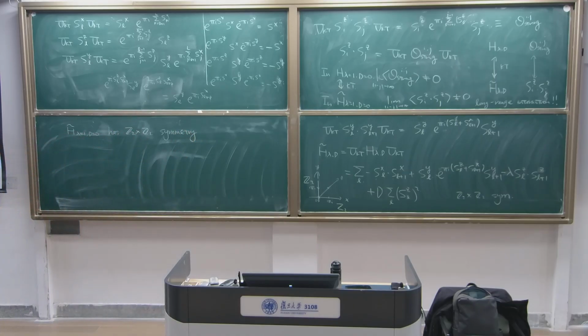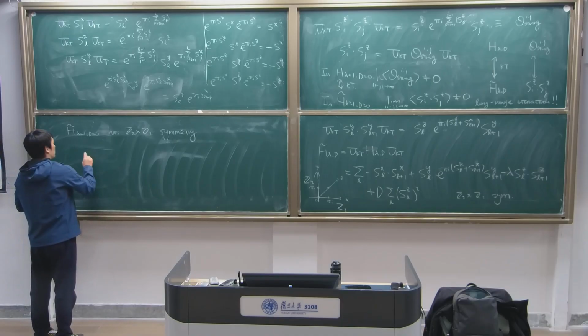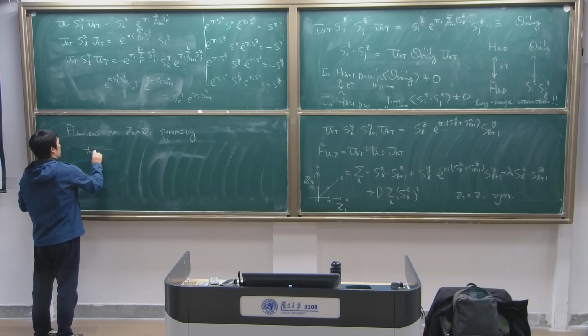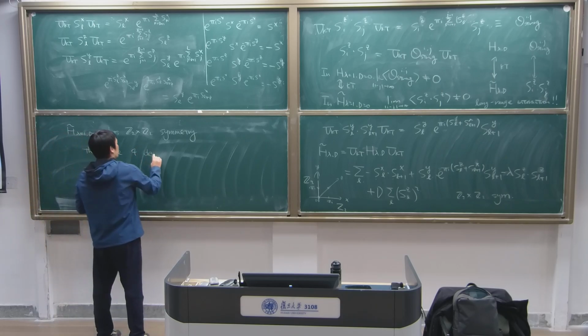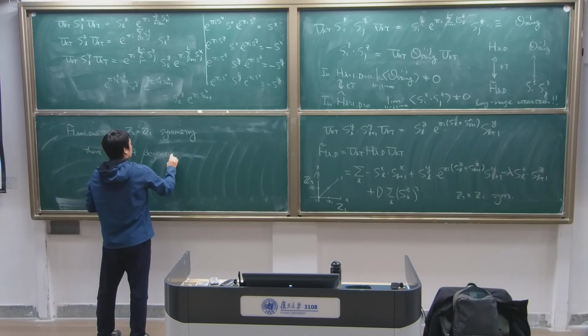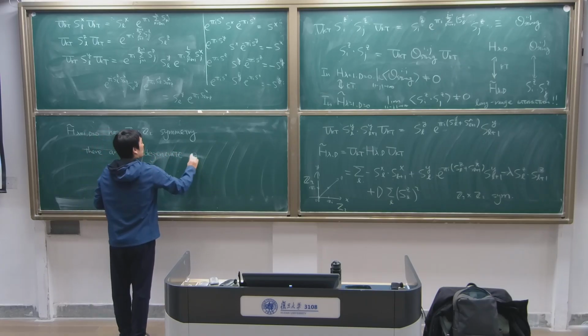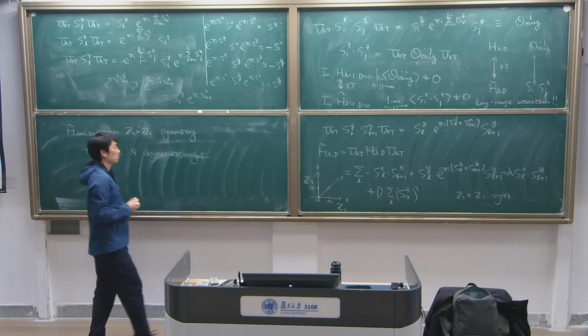So as mentioned, there are 4 degenerate ground states.